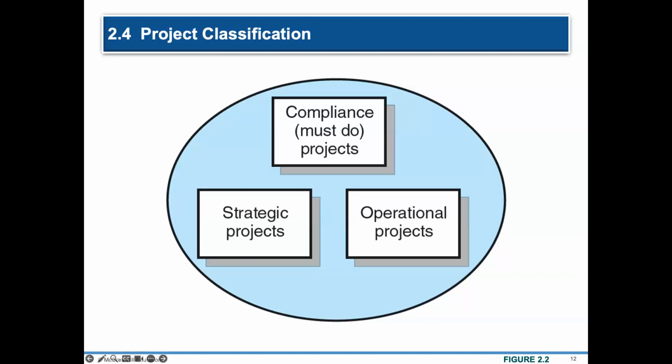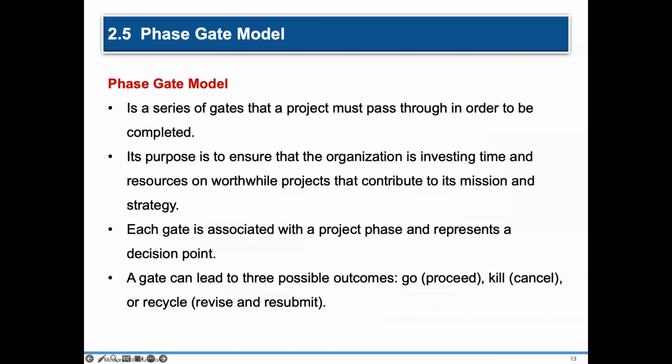So now let's proceed with the phase gate model. The phase gate model is a series of gates that a project must actually pass through in order to be completed. Its purpose is to ensure that the organization is investing time and resources on worthwhile projects that contribute to its mission and strategy.